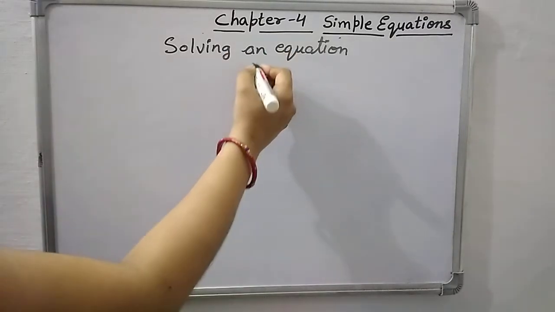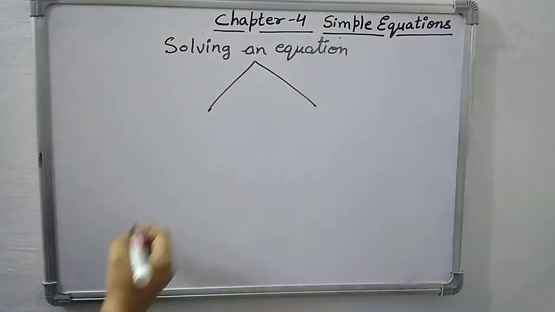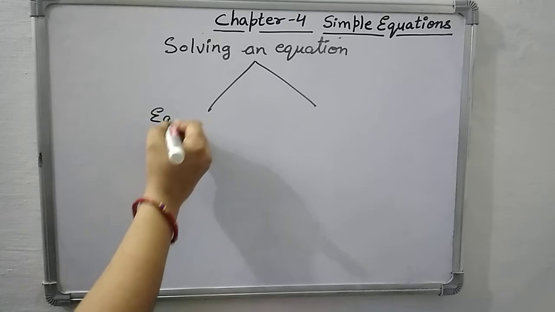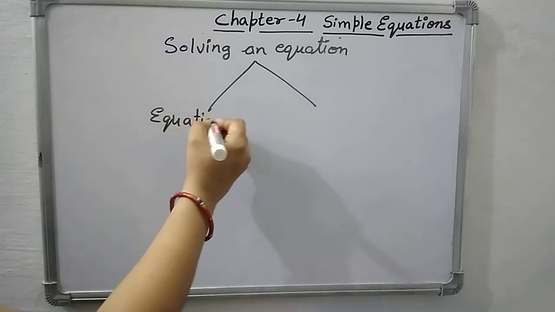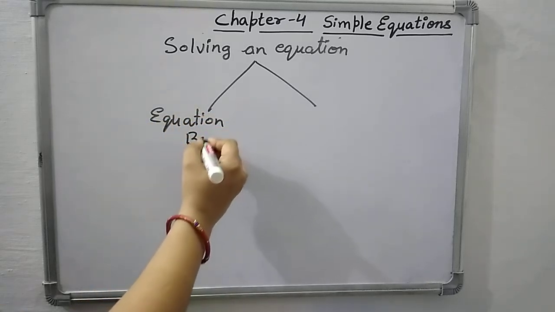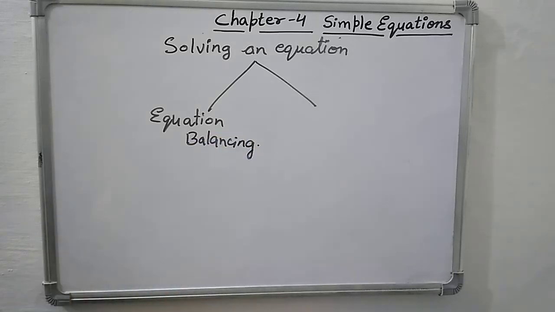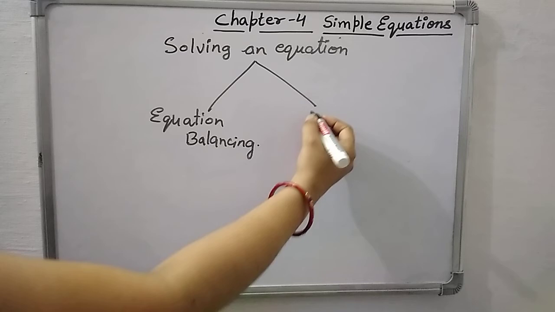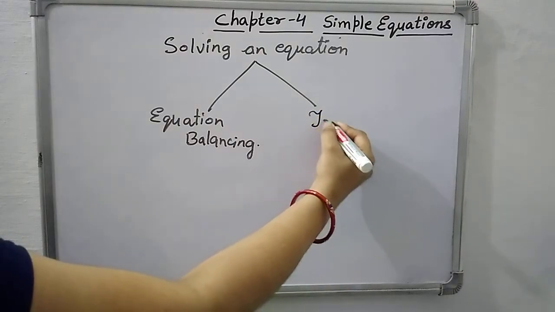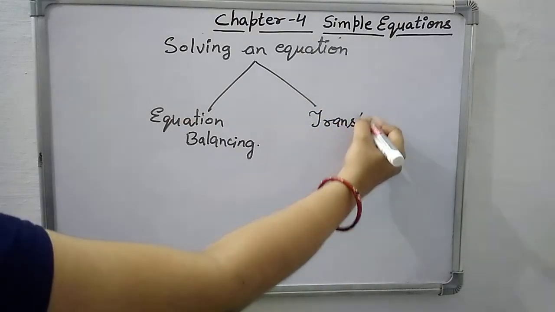So for solving an equation we have 2 methods. One is equation balancing, that is by adding, subtracting, multiplying and dividing different numbers according to given equation. And the second method is transposing.